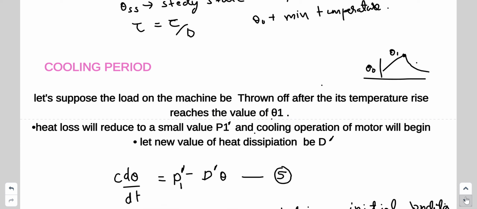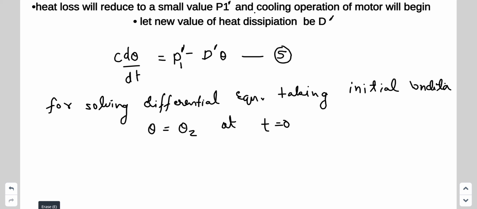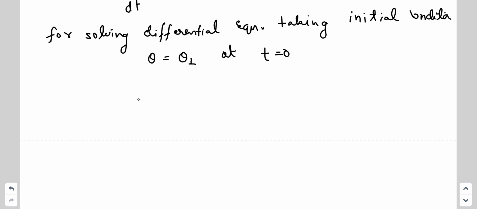Theta is equal to theta 1 at the initial condition at t is equal to 0. Now we will obtain a similar equation.